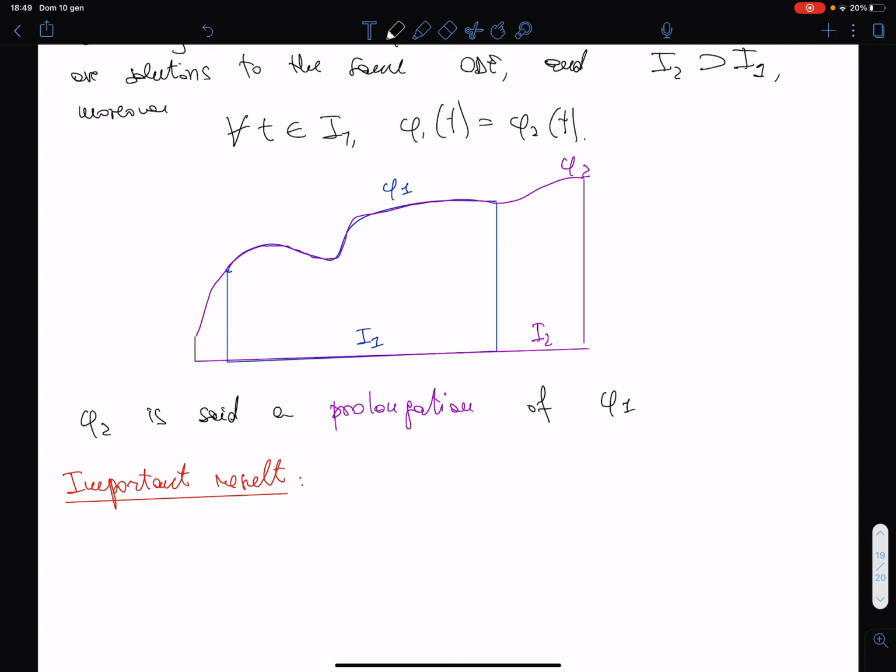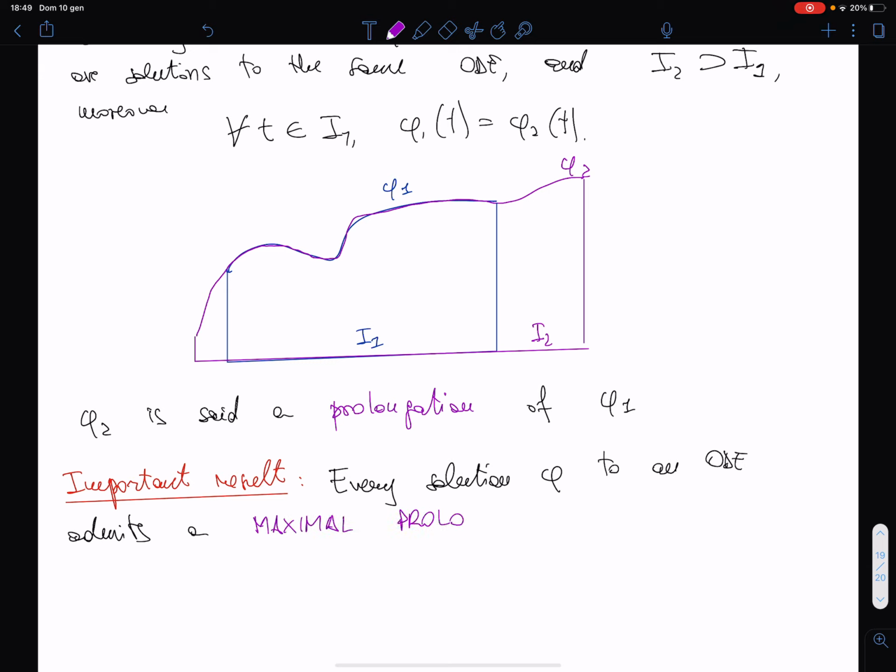The important result is the following. Every solution phi to a certain differential equation admits a maximal prolongation, which means a prolongation that cannot be further extended. Sometimes you cannot further extend it because it goes to plus infinity. Think of the asymptote in the example of the Verhulst equation.